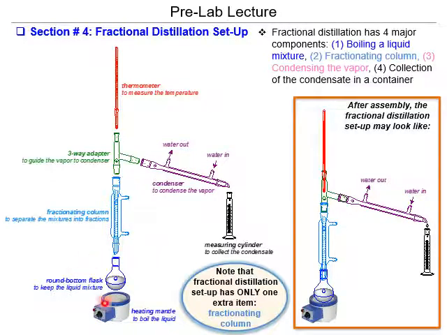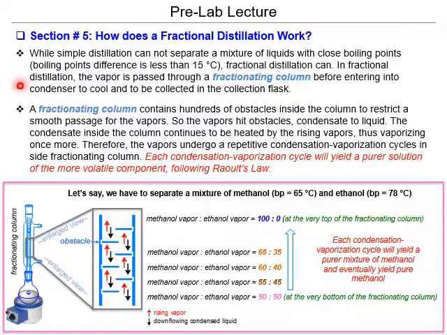But yes, you have your round bottom flask, you have the three-way adapter, you have a thermometer, and a condenser in which water flows in and out. Simple distillation cannot separate a mixture of liquids with close boiling points, but fractional distillation can separate several azeotropes.